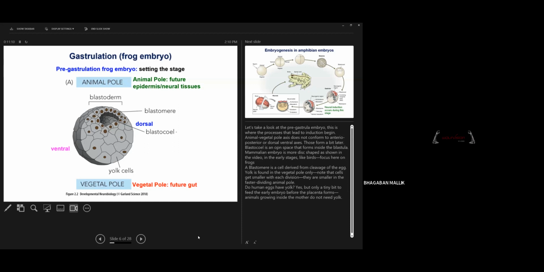You have this cavity-like structure in the animal pool called the blastocoel, and the cells generated in the animal pool are called blastomeres. So this is the structure of the frog embryo in the gastrulation stage. The vegetal pool becomes the future gut. Any questions?